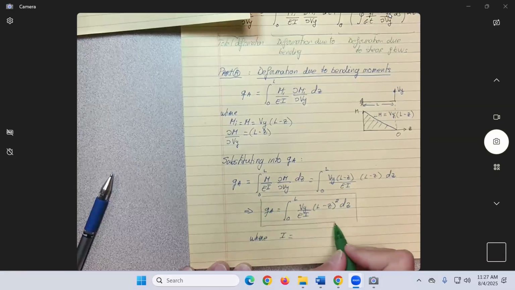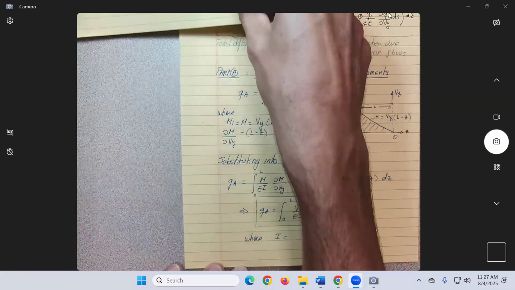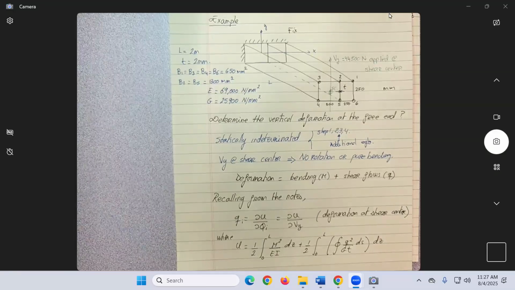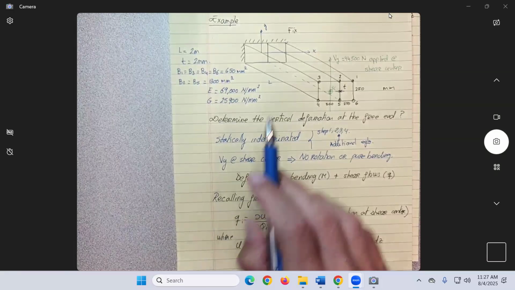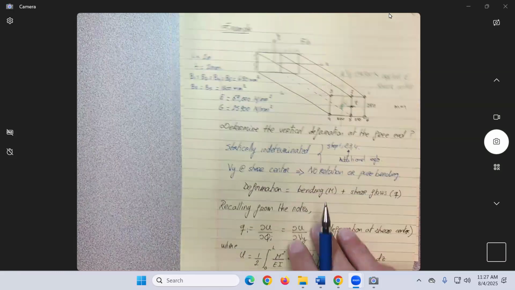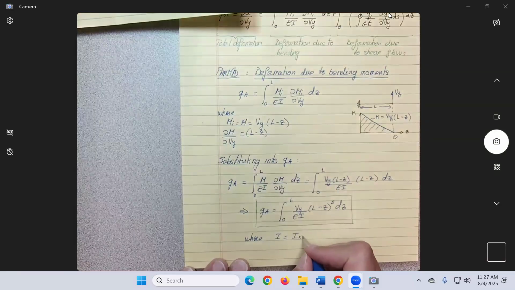Okay, we did not calculate it yet, so that's why I cannot do it. So this should be the bending about which axis? About which axis is that bending? Which one? X. It's bending about X, no? Yep. So once we do the calculation, I is really equal to IXX, all right?